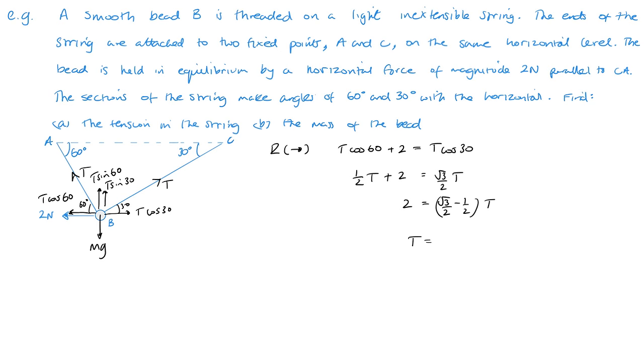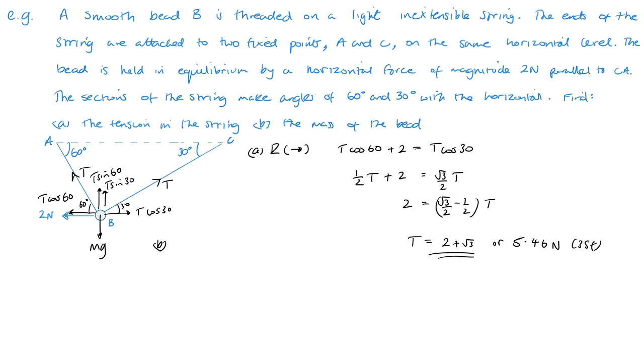So T is 2 divided by that, which is 2 plus 2 root 3, or 5.46 newtons to 3 significant figures. And that is basically A done, isn't it? Find the tension in the string.